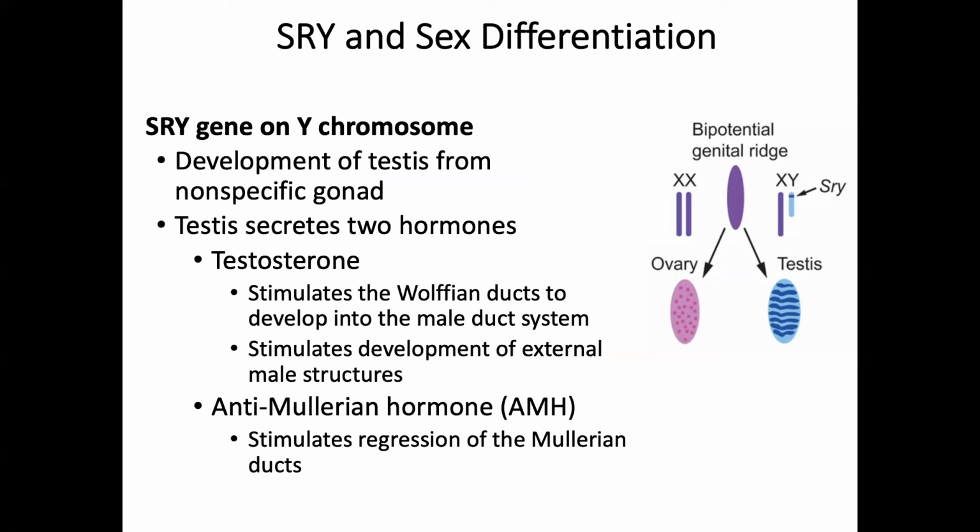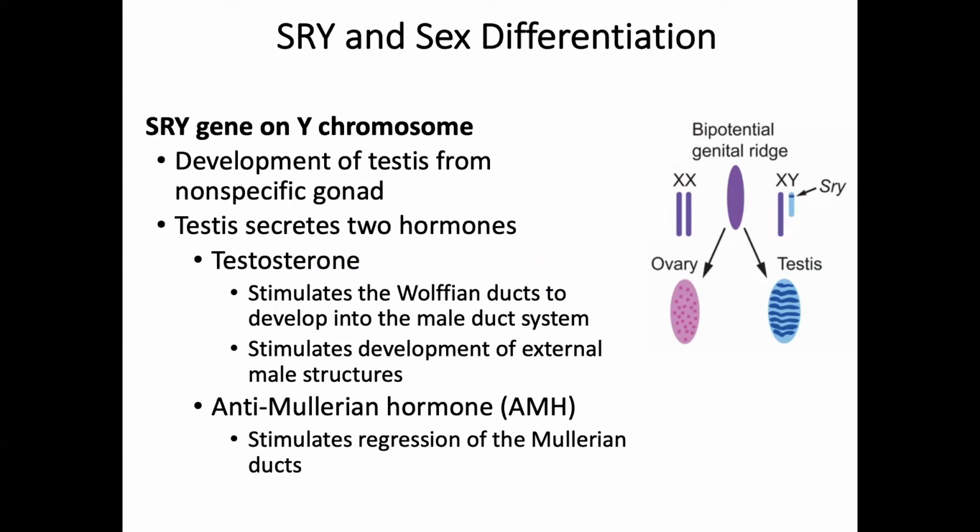All right. So once testis development is initiated by action of the SRY gene, cells in the testes secrete 2 hormones. One is testosterone. Another one is anti-Mullerian hormone, or AMH. Testosterone stimulates the Wolffian ducts to develop into the male duct system and external male structures.